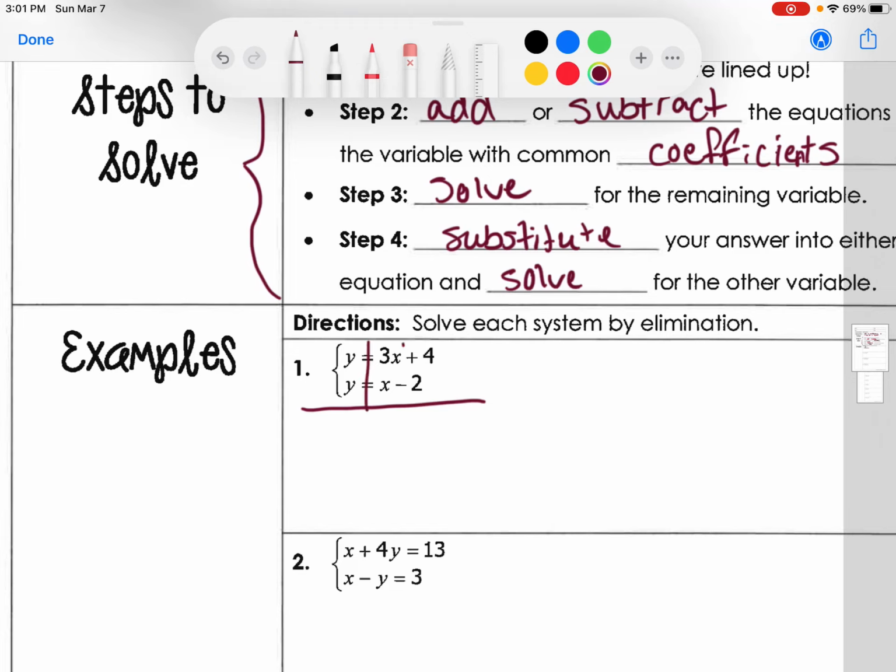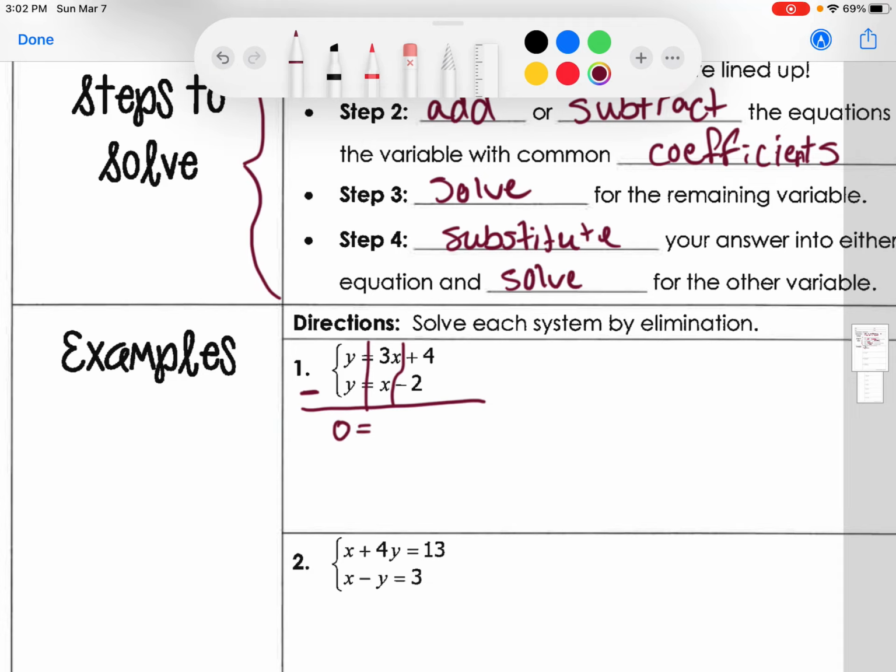So in this case, if we look at our y's, we have 2 variables that are the same. So I'm going to say we subtract because that will get rid of that y variable. We've decided we're going to subtract because of the y variables, because we know they will eliminate each other.